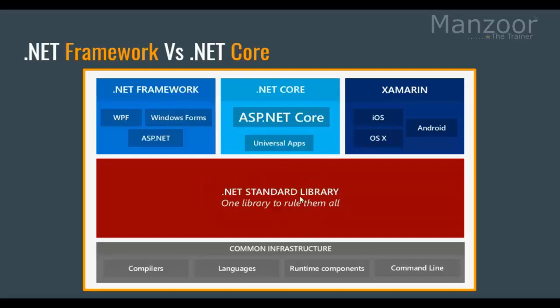If I create my DLL in the .NET standard library, I can use it in .NET Core applications, .NET Framework applications, as well as web applications and Xamarin. Xamarin is for mobile applications. So I can use it anywhere. One library to rule them all.